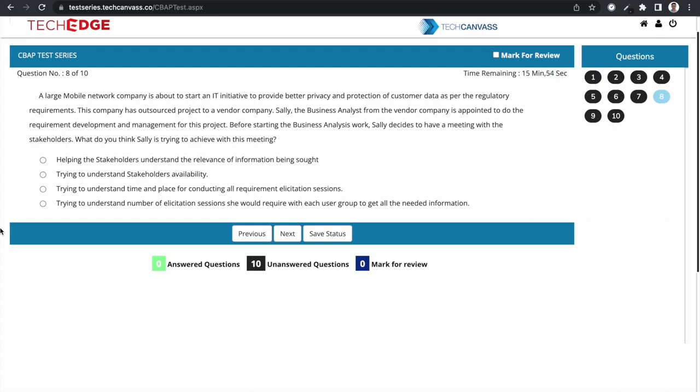And the fourth option says trying to understand number of elicitation sessions she would require with each user group to get all the needed information. Well, the question says, what do you think Sally is trying to achieve with this meeting? Let's attempt this with any option and let's understand what is the right answer and the justification behind it.